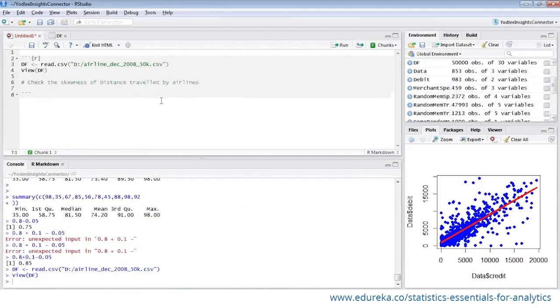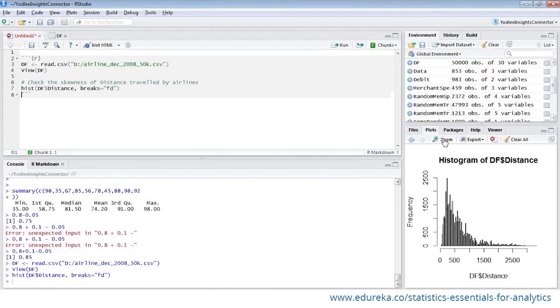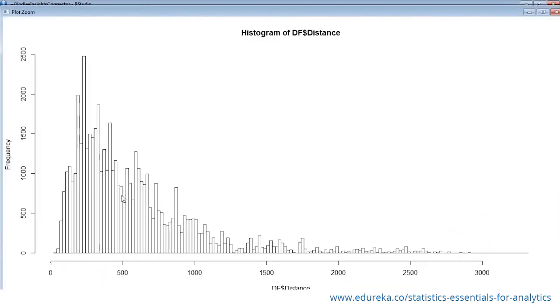The idea is not to show you how to do this in R, but just to demonstrate that it is doable in a standard package. One can start by creating a histogram. So is this left skewed or right skewed?